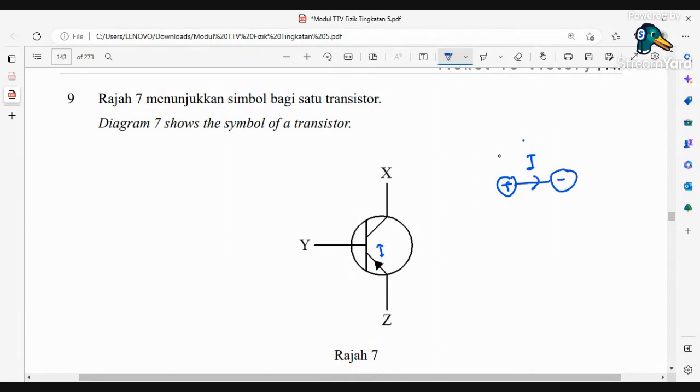So if flowing like this, here is positive, here is negative. Positive means P, negative is N. So if here is NP, then X will be P. So here is PNP. Transistor PNP, this direction.